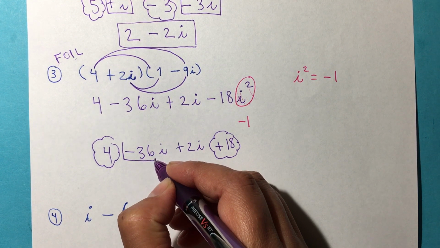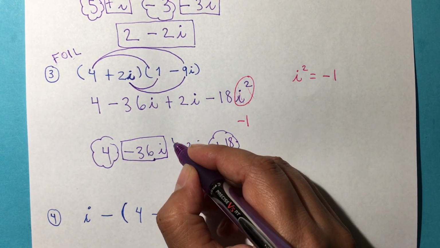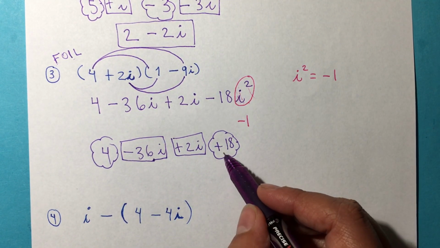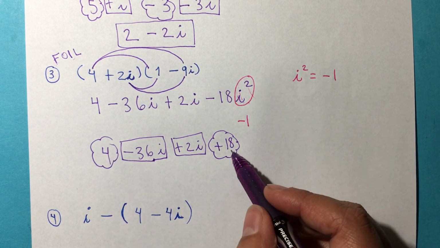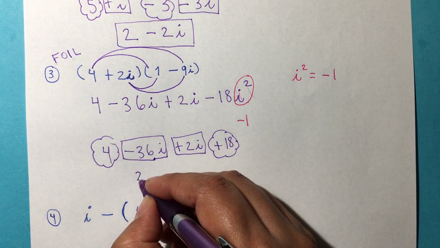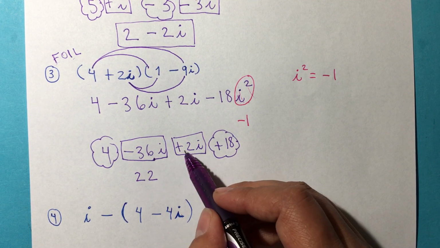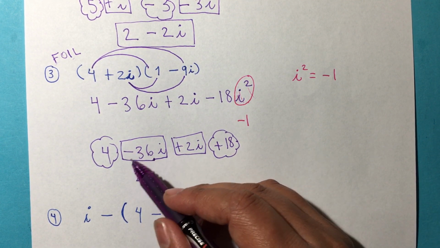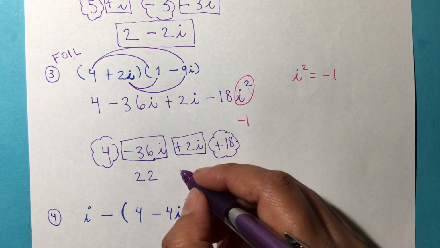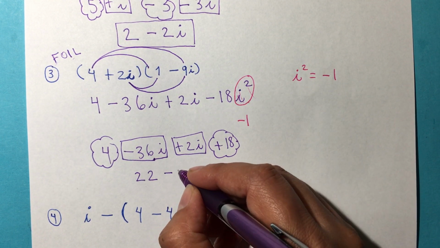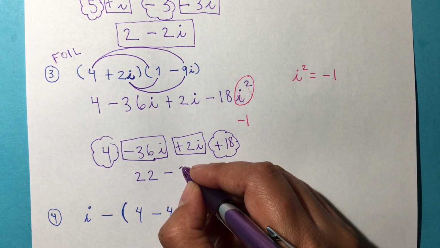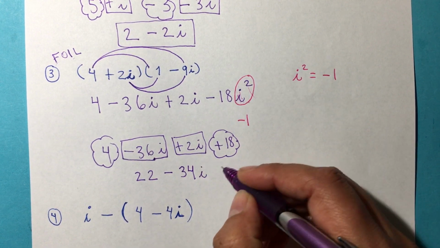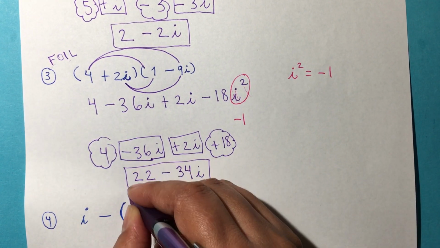And we have negative 36i and positive 2i. I'm going to combine first the constant numbers. So 18 and 4 is 22. And then in here we have different signs, so we subtract and leave the greater sign. 36 minus 2 is 34, and the biggest sign is negative, so negative 34i. And that will be my answer.